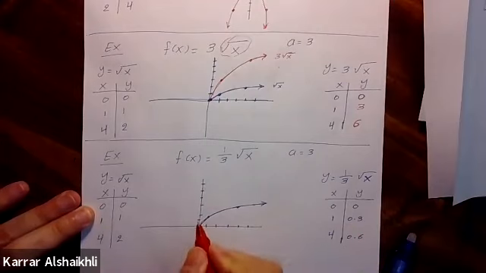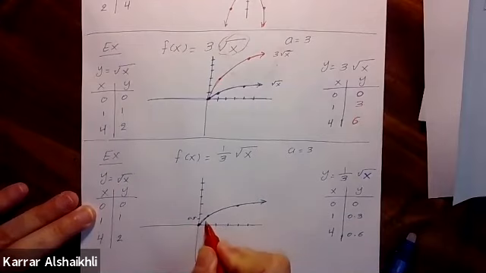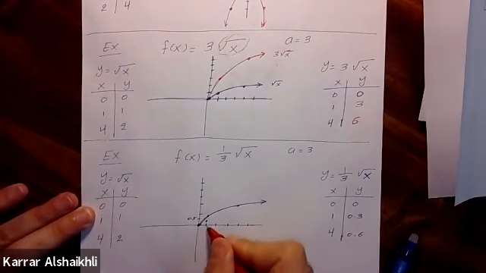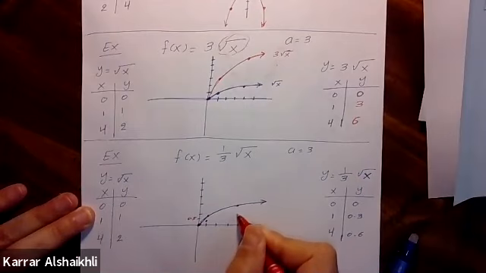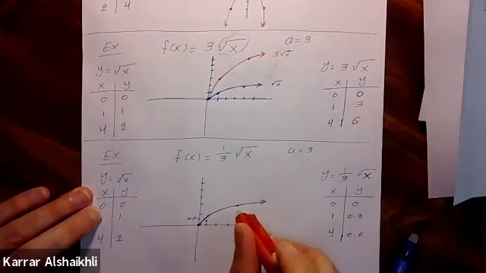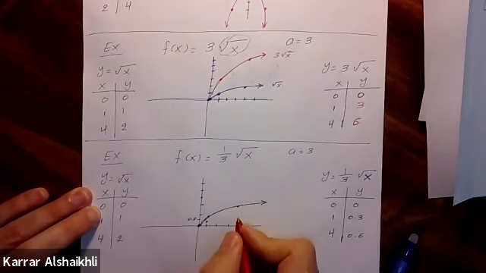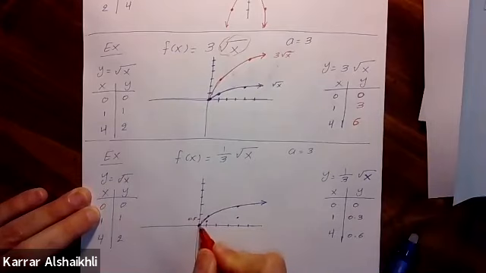This is the half. So 1 and 0.3 is going to be here. 4 and 0.6. 1, 2, 3, 4. 0.6 is going to be higher than half. It's not here, this is down here. It's going to be here. So you see the new graph is going to be like this.